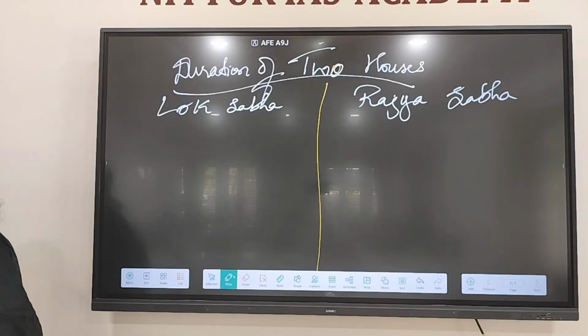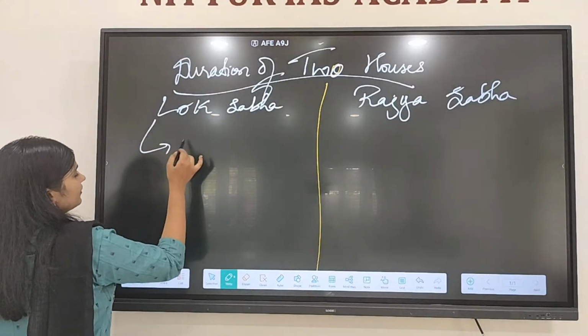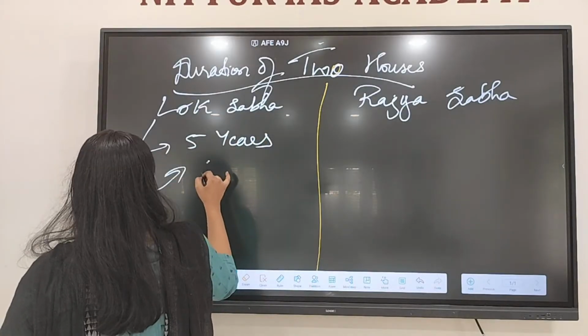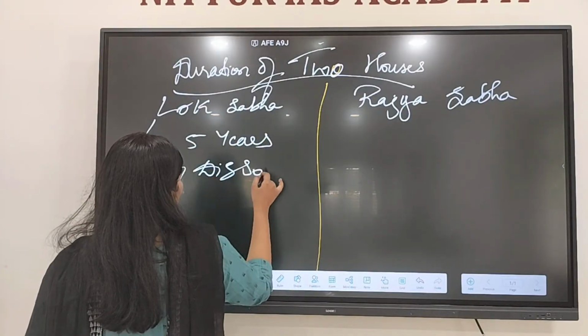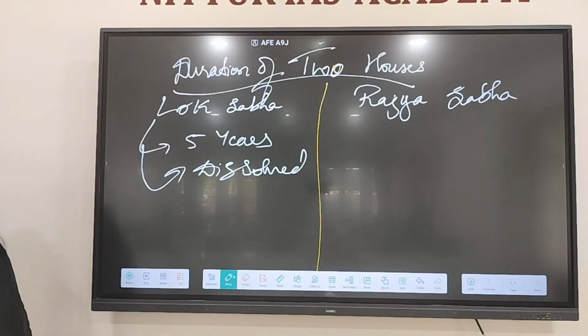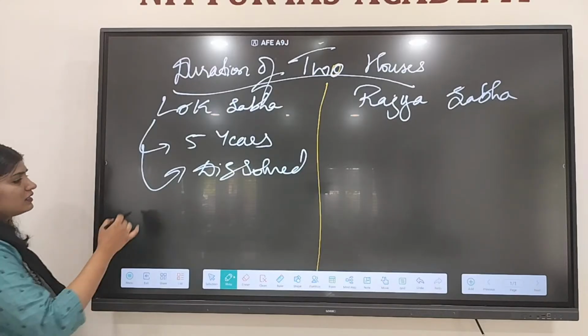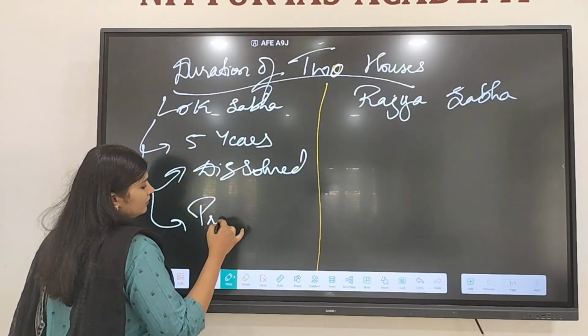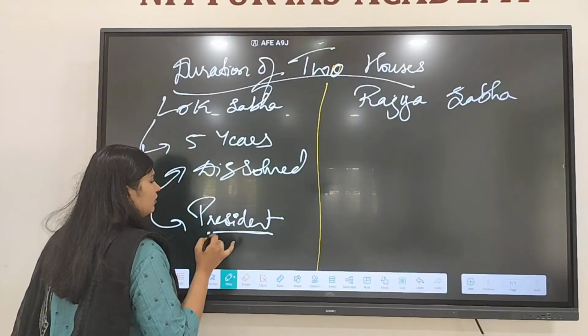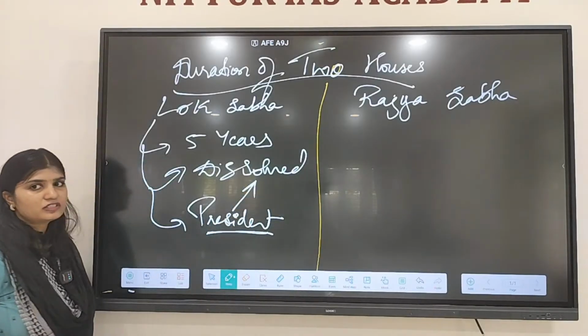What is the duration of Lok Sabha? Tenure of Lok Sabha? 5 years. If they lose majority, it will be dissolved. Who has the authority to dissolve this house? The President has the power to dissolve the house if it loses the majority.